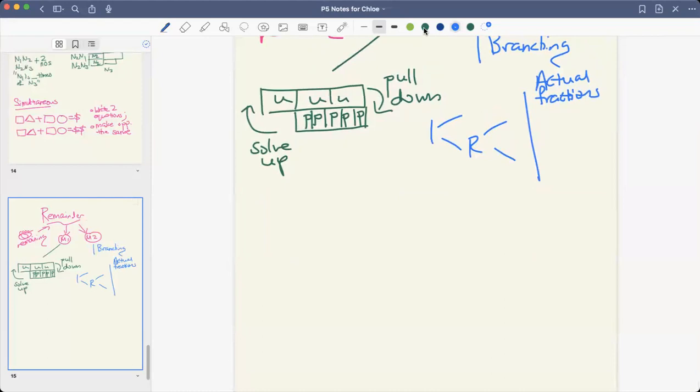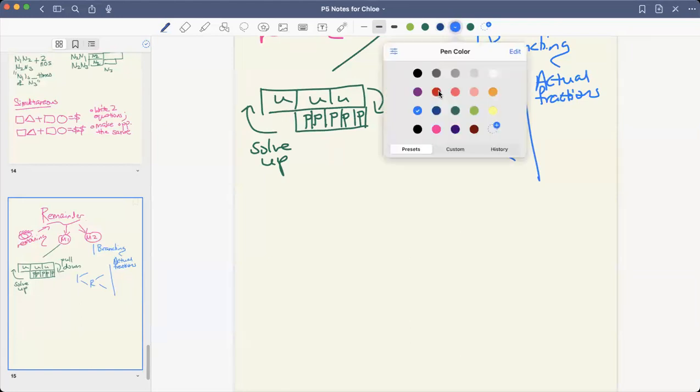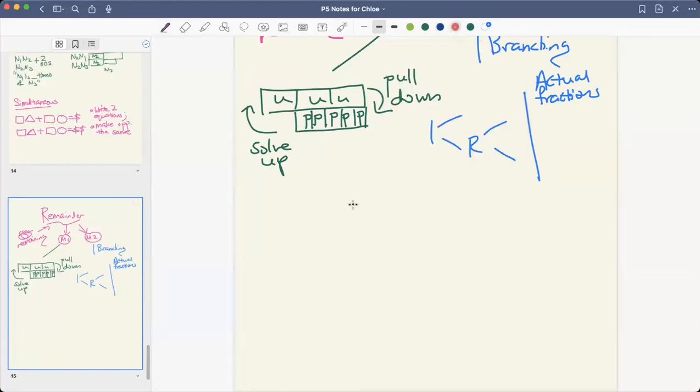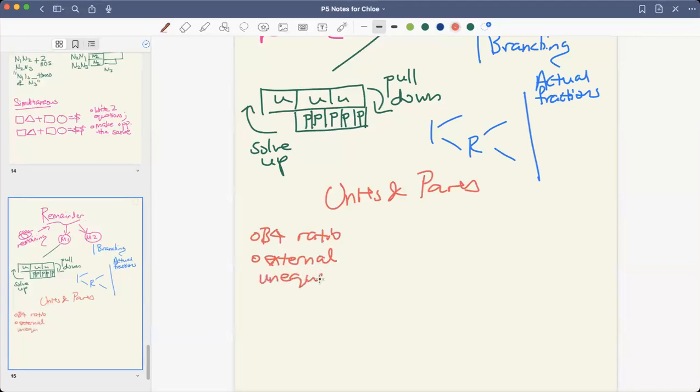Okay, I hope to squeeze the last one over here. And that is called units and parts. Okay, so units and parts, you have before ratio, you have external unequal change, and then you have after ratio.